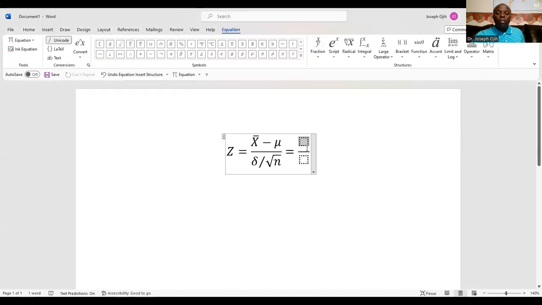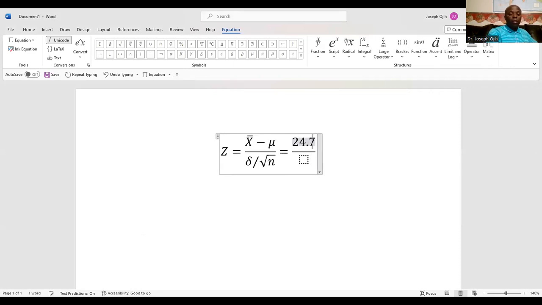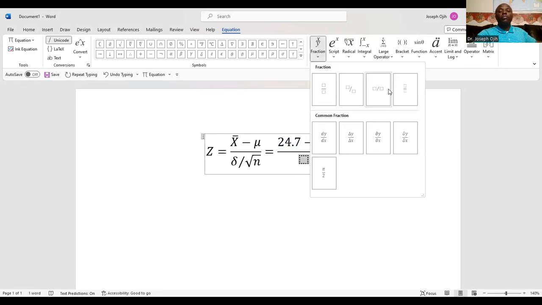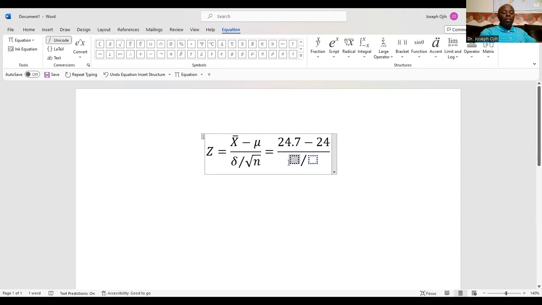We have x bar 24.7 minus 24 divided by standard deviation of 2 over the square root of 36. That 36 lifeguards are selected.